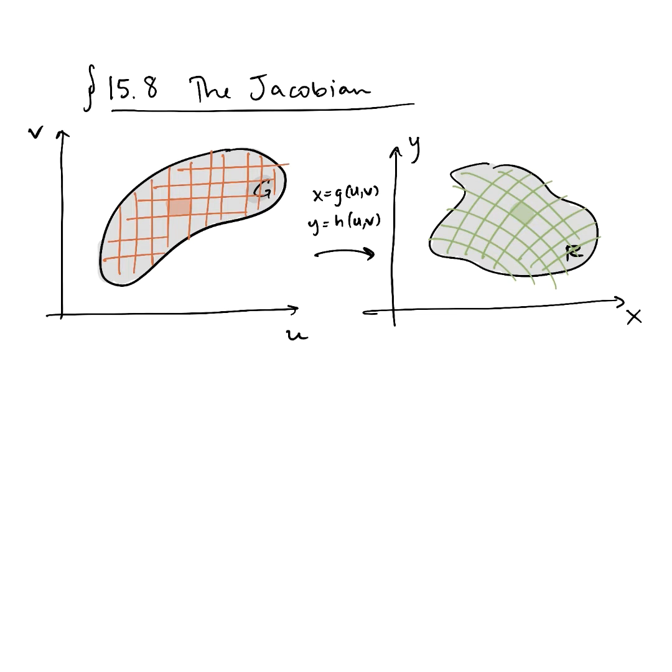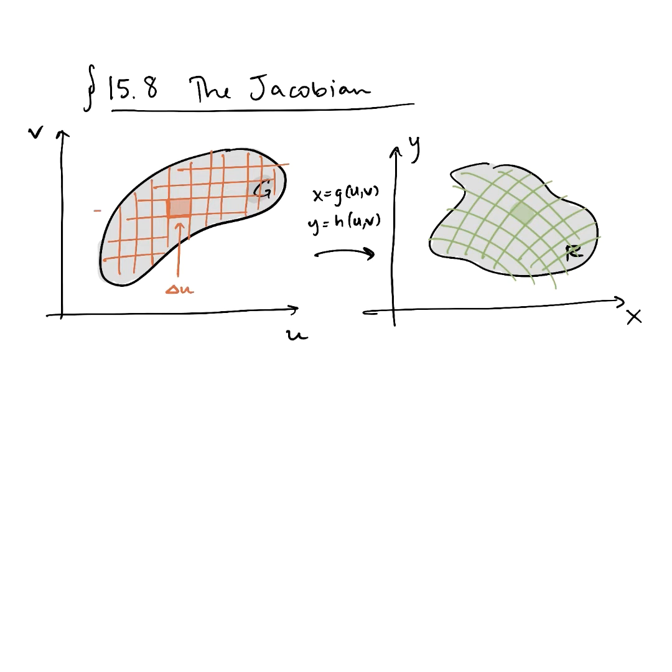And what we're trying to do is keep track of the area exchange rate between those patches. So I think what we want to do is zoom in on the little green patch so that we can try and figure out what the exchange rate is.